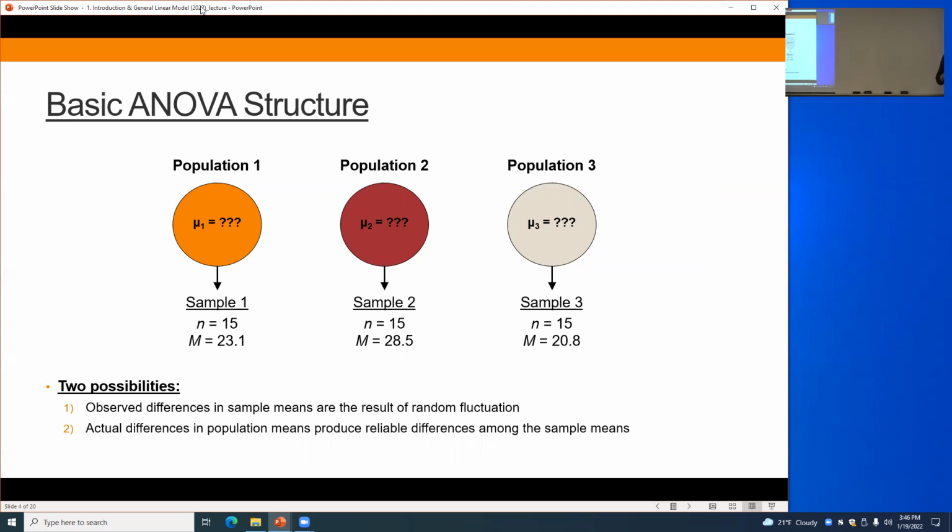If year in the program is the only thing that determines your performance on some evaluation, then that's it. Like your year of graduate school is the only thing that determines how you perform on something. Now, it's not a realistic situation. But if that were to happen, what would all the first years get on this exam? The same score. What would all the second years get? The same score.